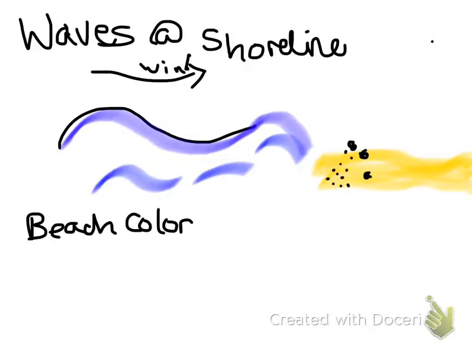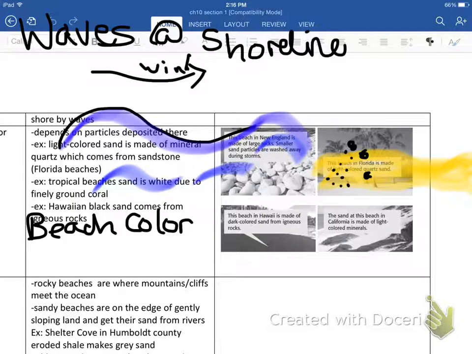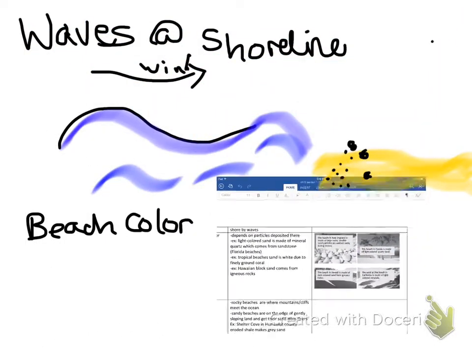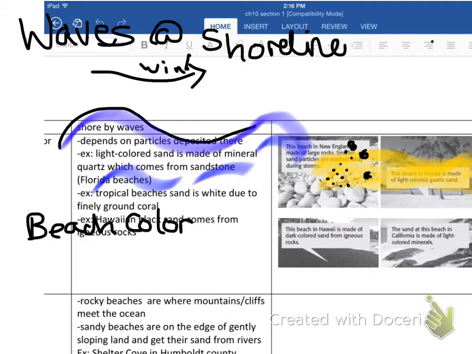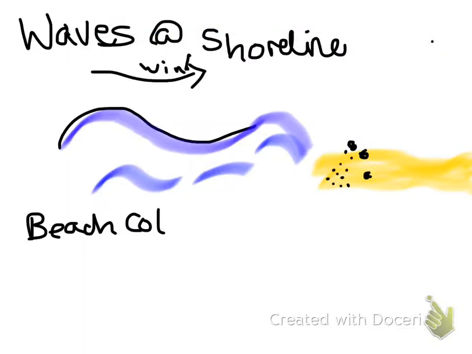For example, if you are in Hawaii, you might have a black sand beach because there's igneous rocks, right?